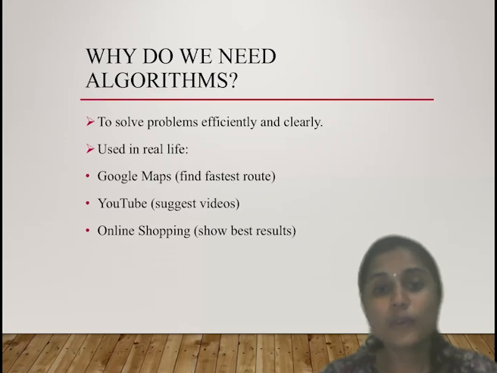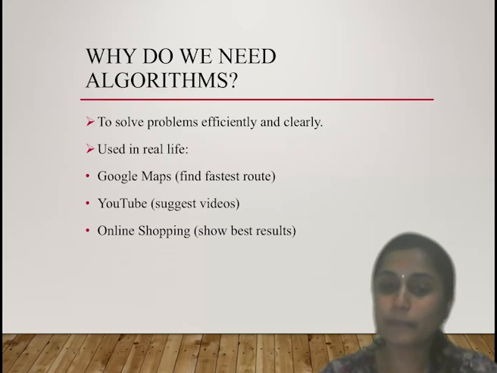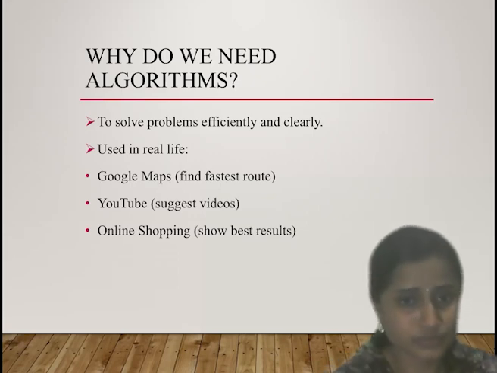We use Google Maps for finding the fastest route. Google Maps suggests the fastest route for us by making use of an algorithm. Also, YouTube suggests videos for us by making use of an algorithm. Online shopping websites show the best results for us by making use of an algorithm.